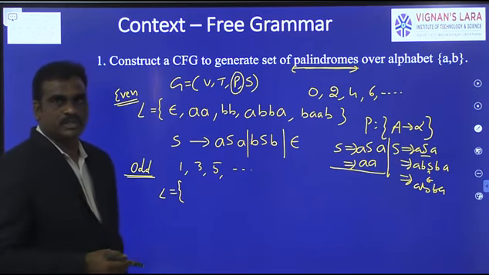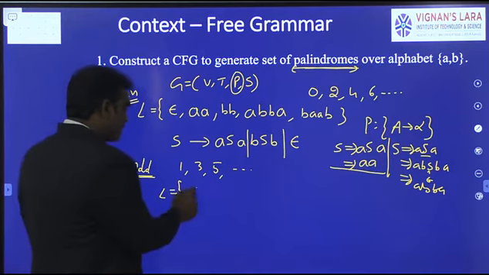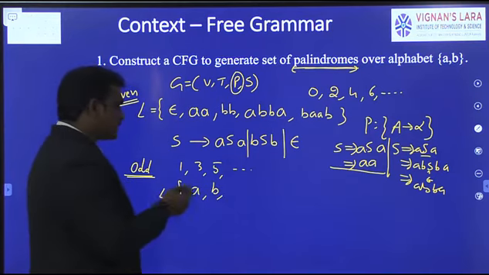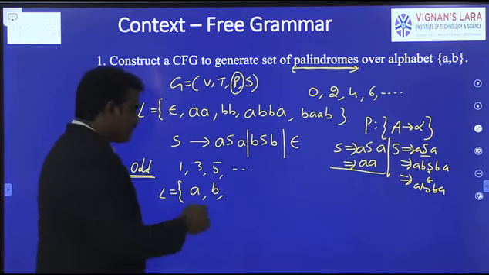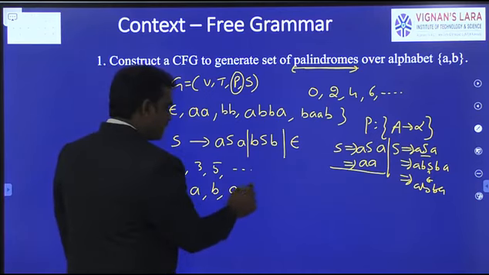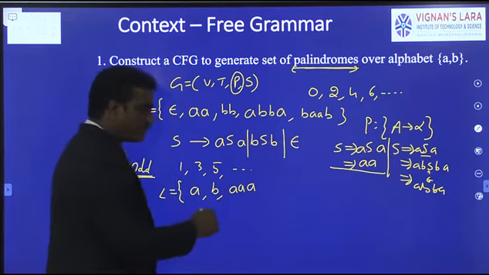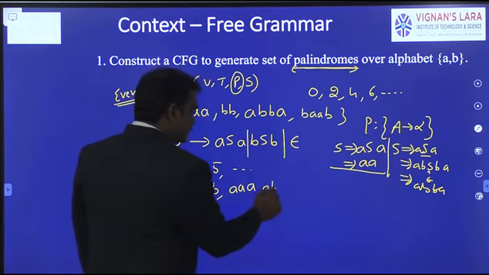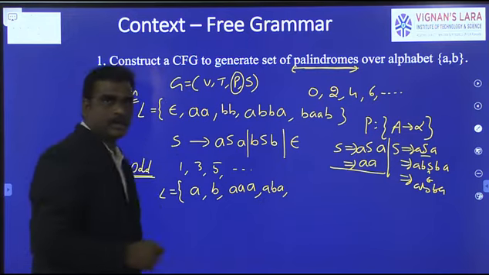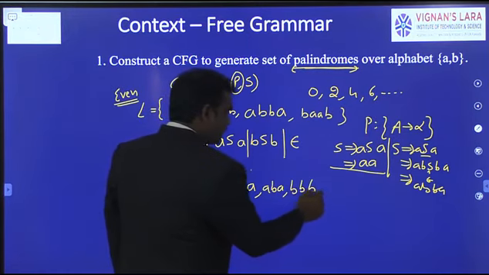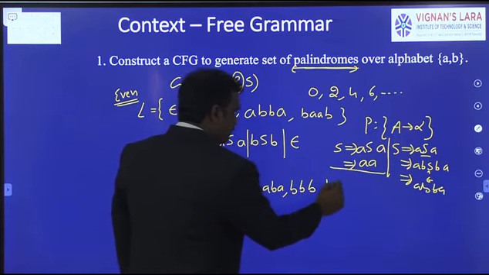What are the possible strings? Either A or B. Next one, string length is 3. Suppose it starts with A, ends with A, and in between either A or B. Suppose it starts with B, ends with B, in between either A or B.